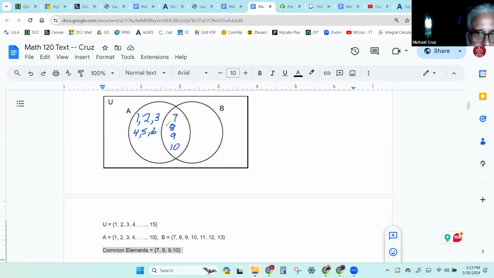I'm stopping at 6 because there's my 7. That's already inside of A right there. 7, 8, 9, 10. So now inside of A, I've got 1 through 10. On this side, the ones that are not there need to go in.